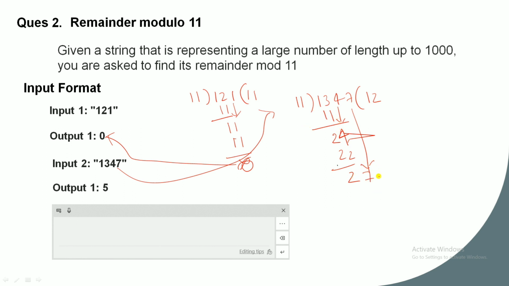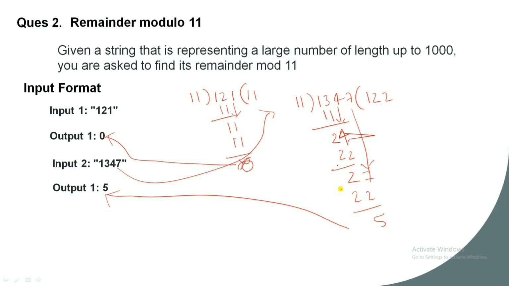Again divide 27 by 11: 11 twos are 22, and the remainder is 5, and this is our answer. This is very simple, but when we code, it gets a bit tricky.